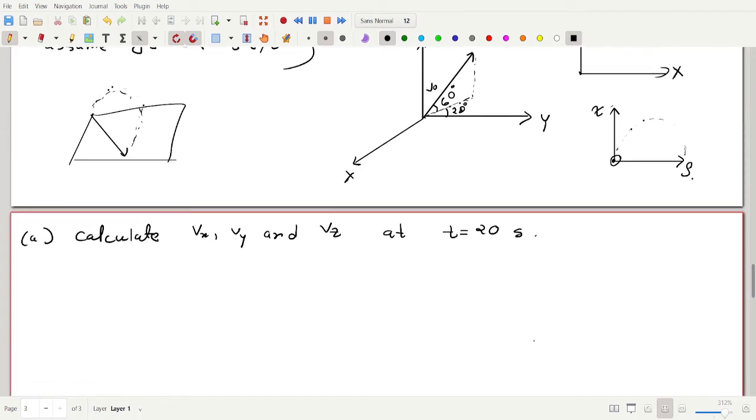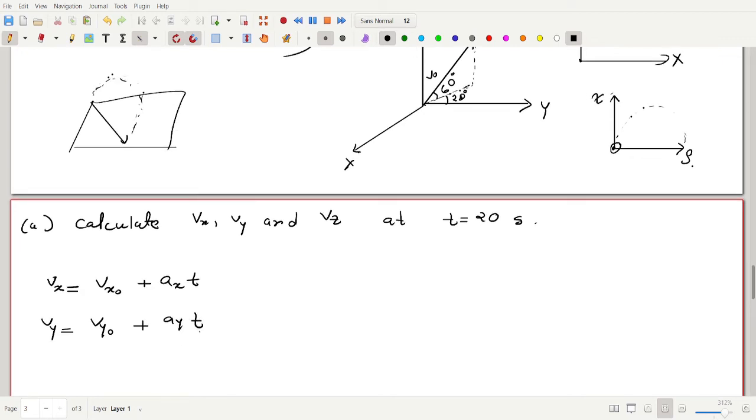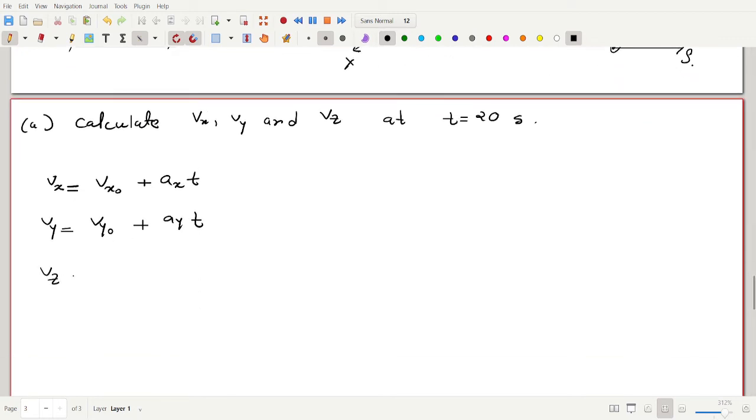So now how can we do it? We know Vx equals Vx naught plus axt, Vy equals Vy naught plus ayt, and Vz equals Vz naught plus azt.